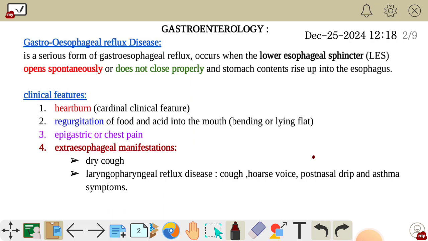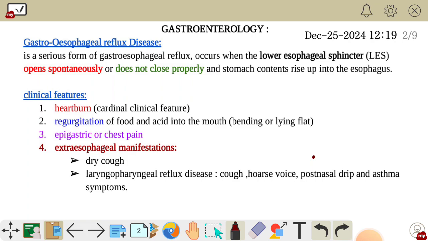So the clinical features of gastroesophageal reflux disease: we have, one, heartburn, which is the cardinal clinical feature, and the patient explains it as a burning sensation in the chest or in the stomach.